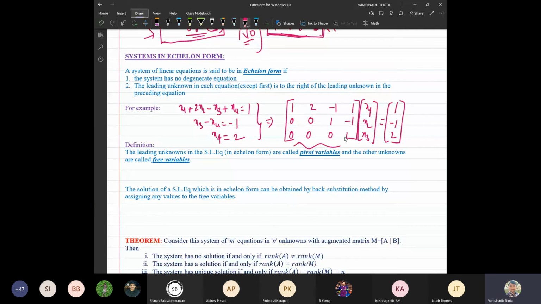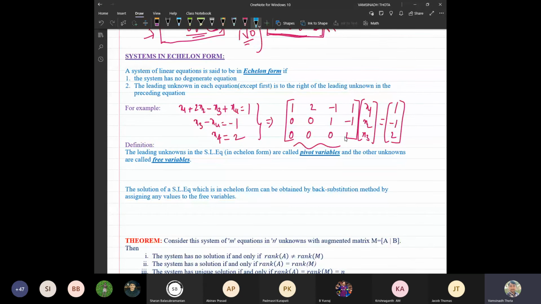In the echelon form of a matrix, we have a notion called pivot entries, pivot elements, right? When we are simply discussing a scalar matrix, that's one thing, but here the matrix is also a scalar matrix, but it represents a set of equations.